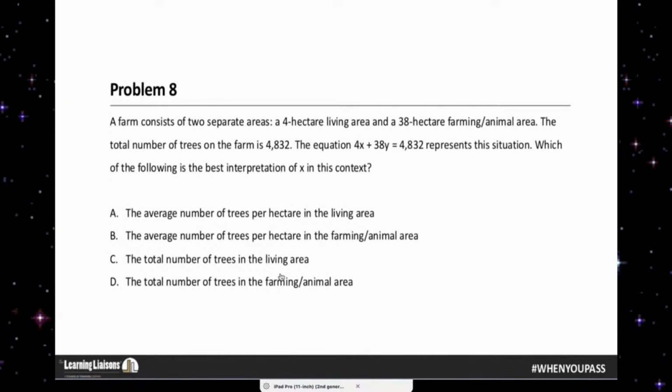Which of the following is the best interpretation of x in this context? A, the average number of trees per hectare in the living area. B, the average number of trees per hectare in the farming animal area. C, the total number of trees in the living area. Or D, the total number of trees in the farming animal area.